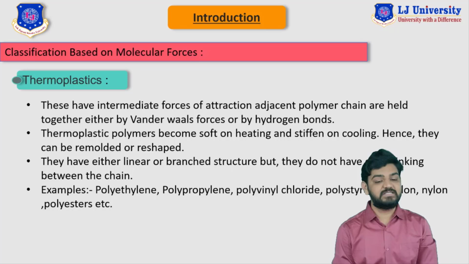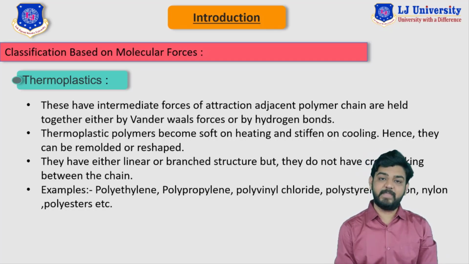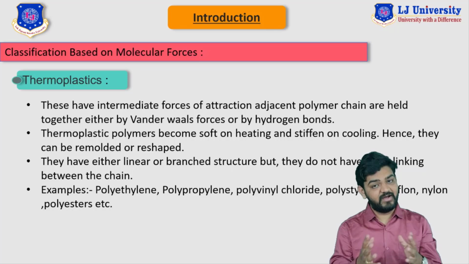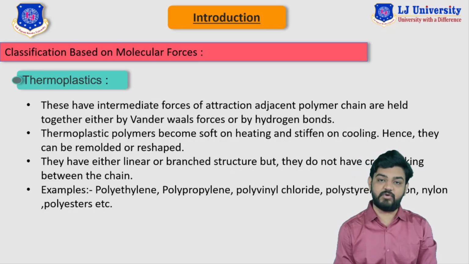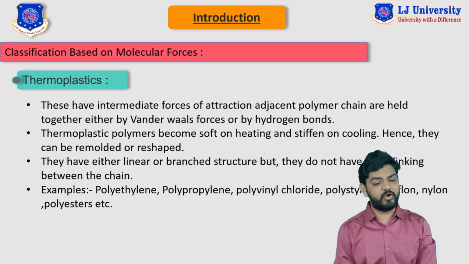You can see on the screen that these have intermediate forces of attraction to the adjacent polymer chain. They are held together by either van der Waals bond or by the hydrogen bond. The thermoplastic polymer becomes soft on heating and stiffens on cooling. So this is the main property of the thermoplastic polymers.